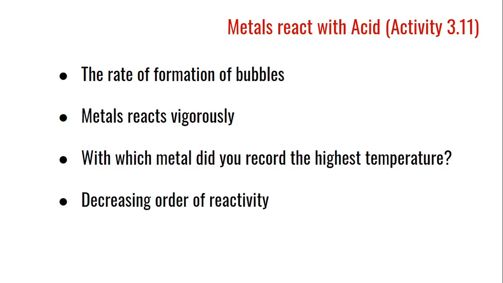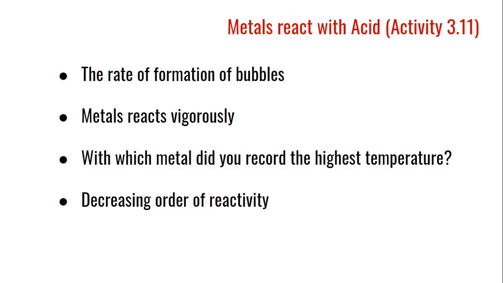We will perform all these reactions, all the metals with the hydrochloric acid, and we will check whether the metals are more reactive or less reactive. Then we will decide the order of reactivity and write them in the decreasing order of reactivity.